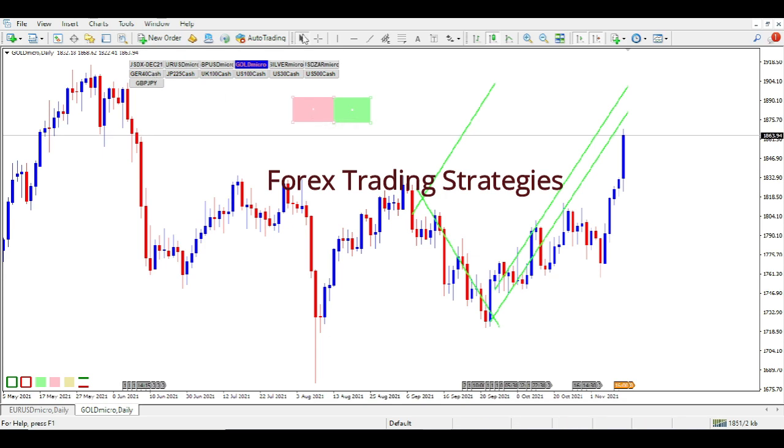If the dollar index is going up, sell this kind of setup, like Euro USD, AUD USD. It means sell that.